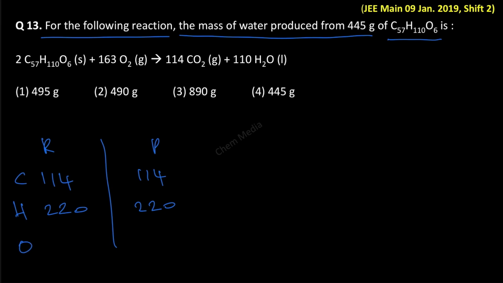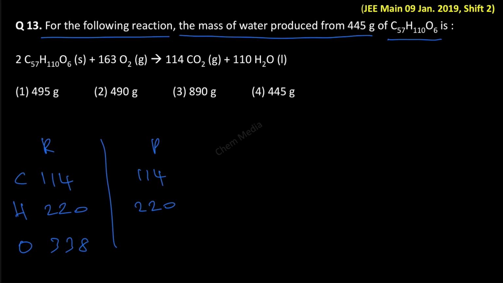And then for oxygen atoms, on the reactant side we have 2 times 6, that is 12, plus 163 times 2, that would be 326. 326 plus 12, so that is 338. Do we have 338 oxygen atoms on the product side?